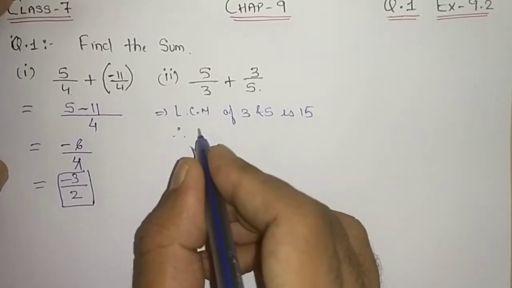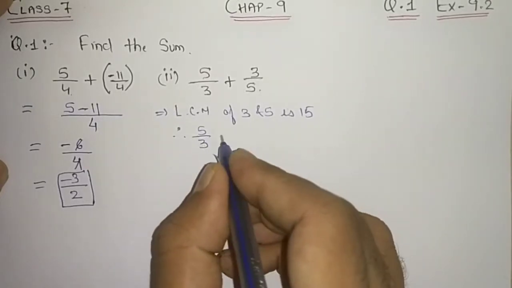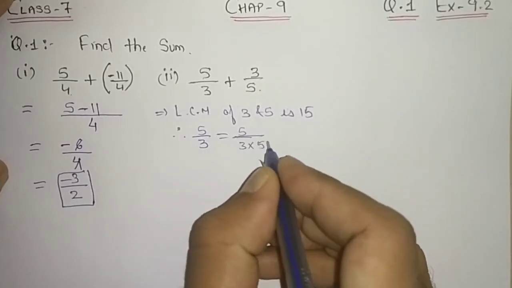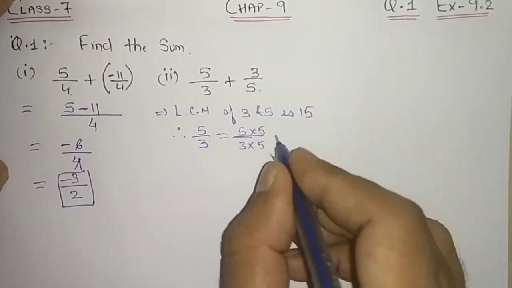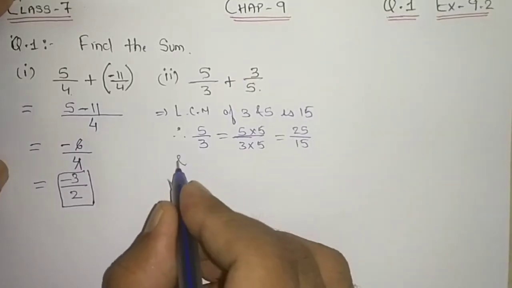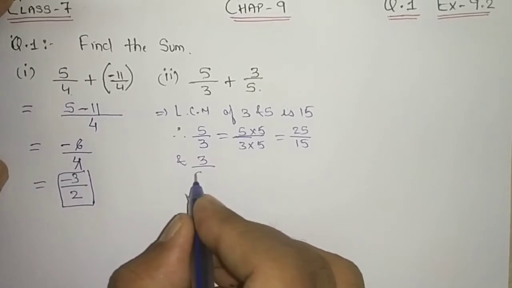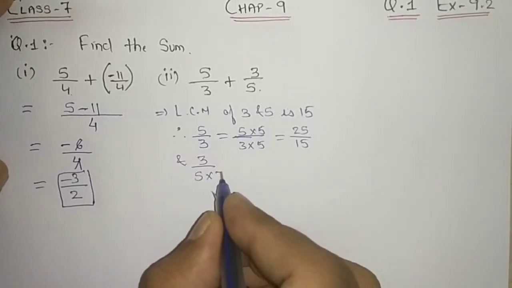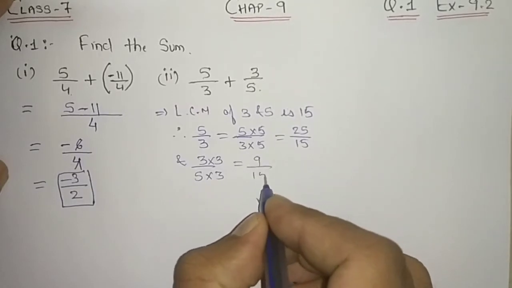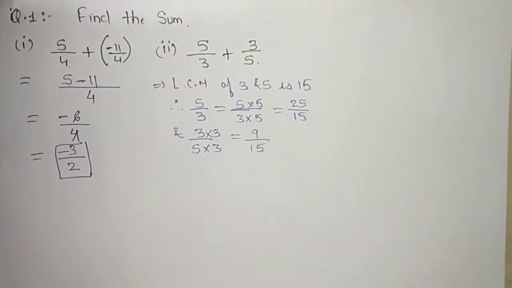Therefore 5 divided by 3 will become 3 5s are 15, so numerator also 5 5s are 25. New number will be 25 by 15 and 3 by 5. To make the denominator 15, I will multiply it by 3. So 9 by 15 will be our new number.